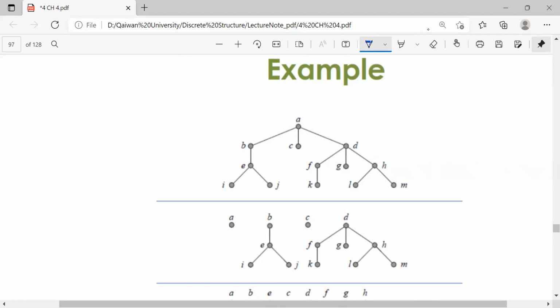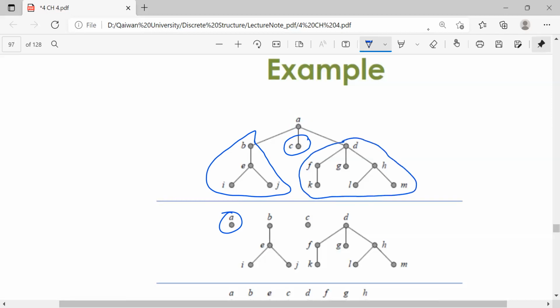We first write down the root, then the leftmost subtree. Then we write down C, which is the second subtree from the left. And then we write down this subtree, which is the rightmost one.